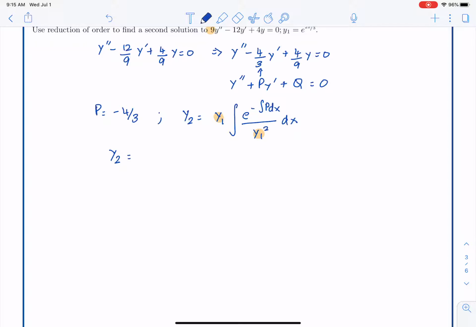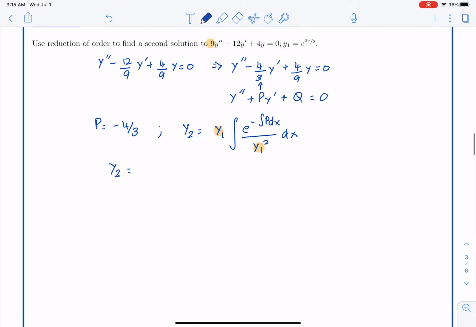So y2 would equal y1, the given solution, e raised to x over 3, integral e raised negative integral negative 4 over 3 dx divided by y1 squared, e raised to x over 3 squared dx.